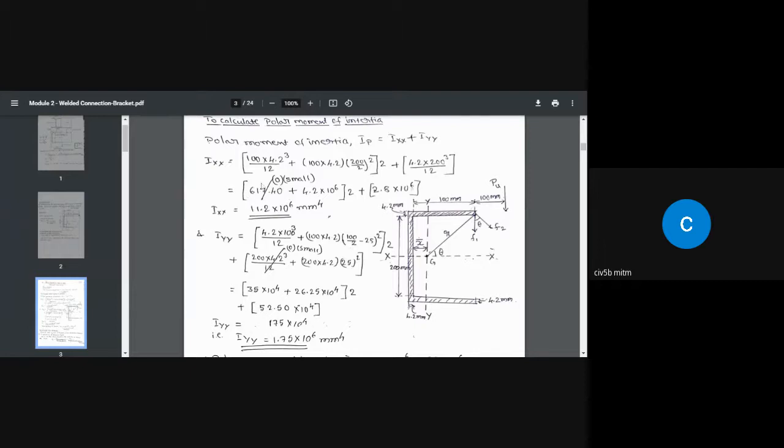If you don't develop the habit of ignoring this, somewhere when you find the thickness of the weld, you are going to get an equation in terms of t cube, which will complicate your problem. Just to develop the habit of ignoring small values, I'm making your life comfortable in future problems. Always ignore smaller things when compared to bigger things. So I got the Ixx value.